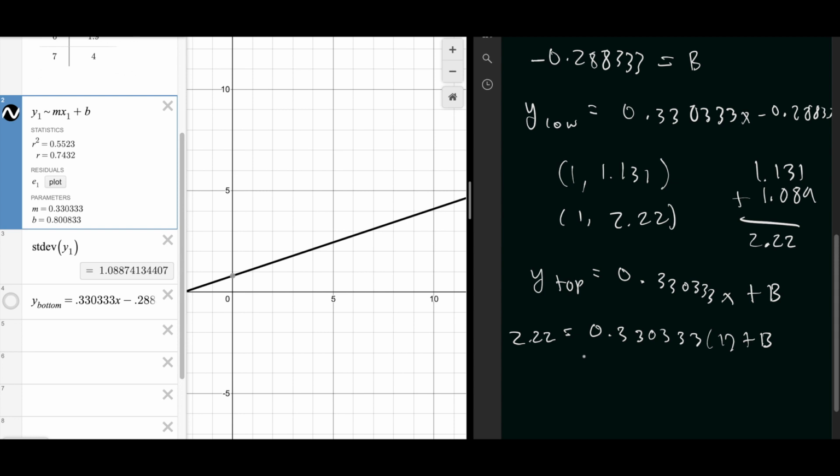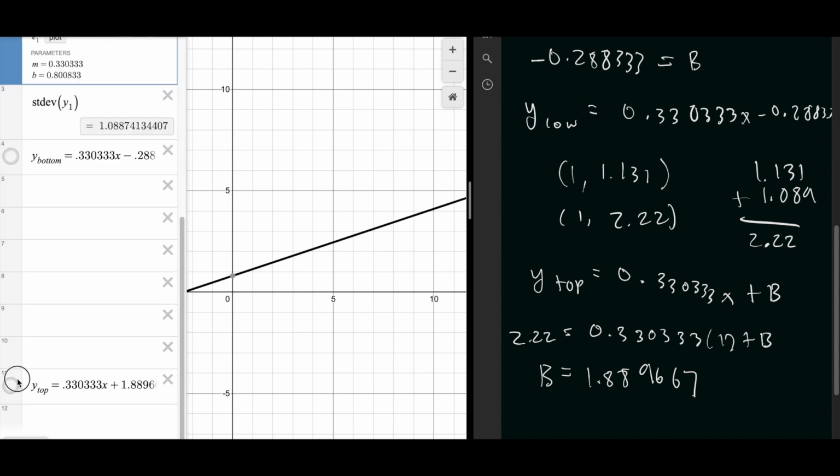And simplifying this equation, we get b is equal to 1.889667. So I have it already over here.